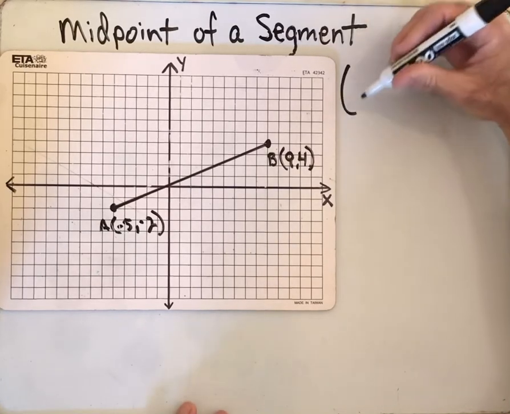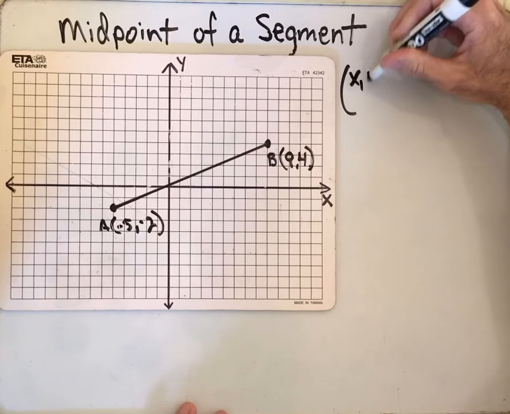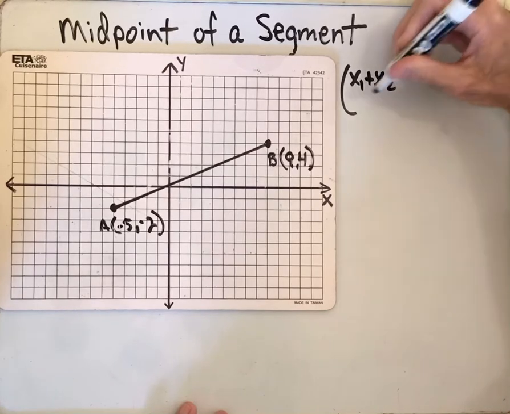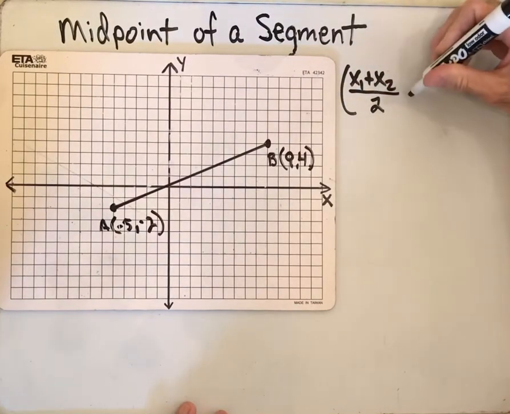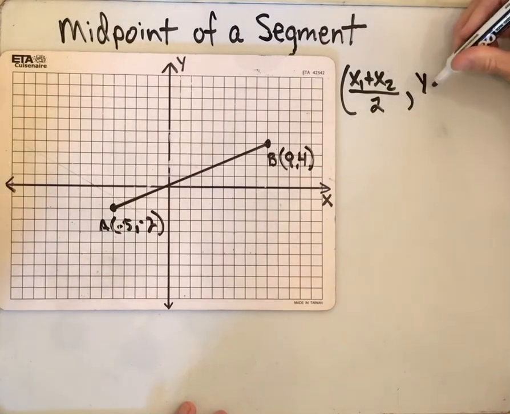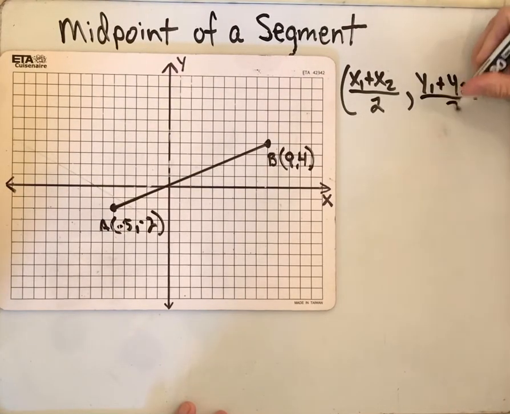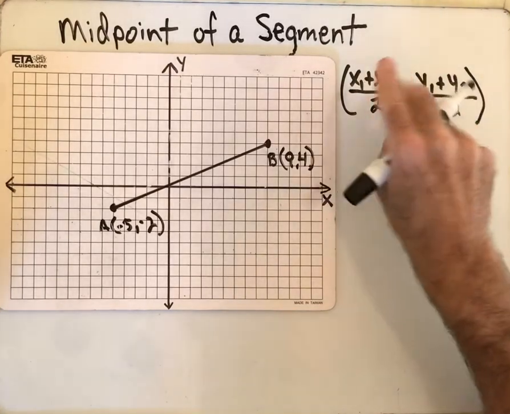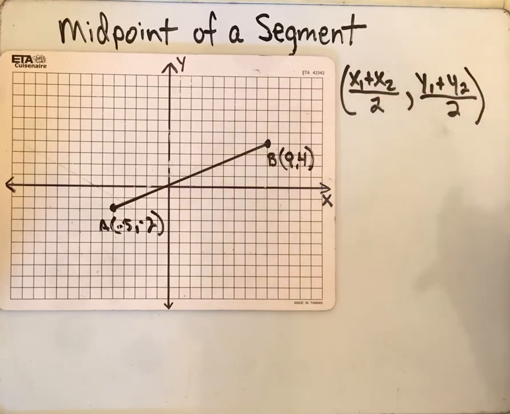So we've got x1 plus x2 divided by 2, comma, y1 plus y2 divided by 2. Just like with the distance formula, we can switch x1 and x2. The order here does not matter. We can switch y1 and y2. The order doesn't matter.